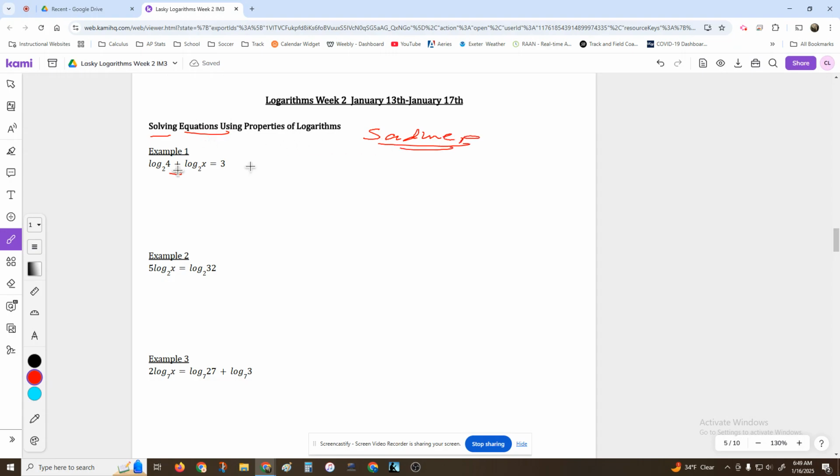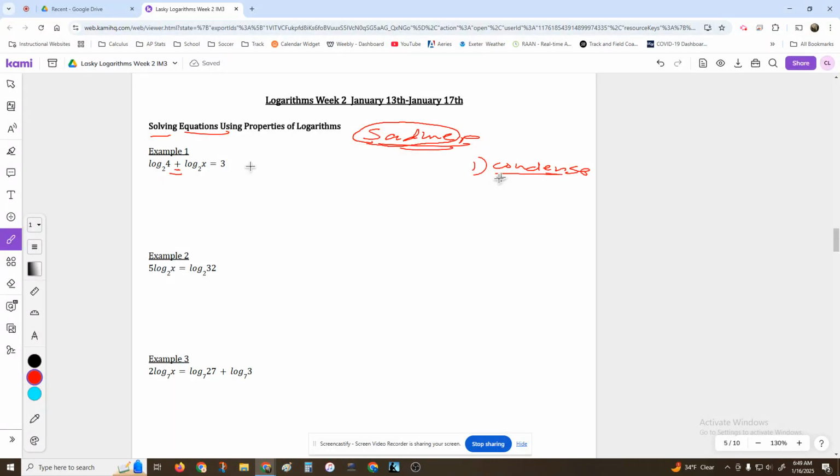So the number one thing you want to do with logarithms, if you have 2 of them, is you want to condense. We'll call it condensing. So step 1 is going to be condense, which is going to be for us kind of the SADMET part, or not the E, it's more of the simplify.